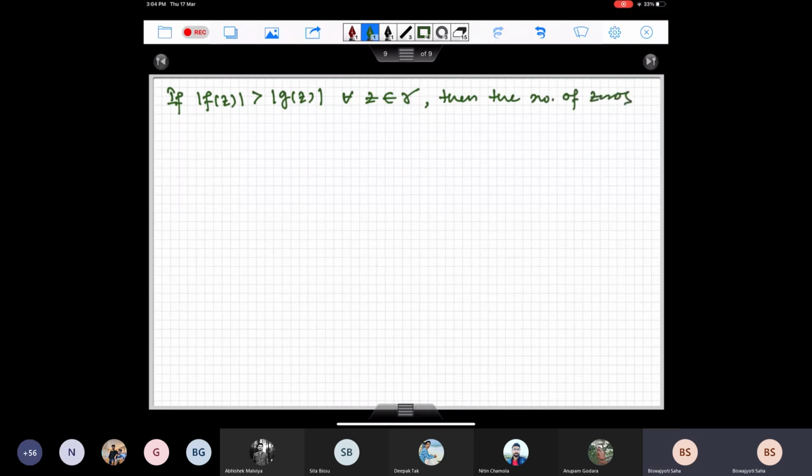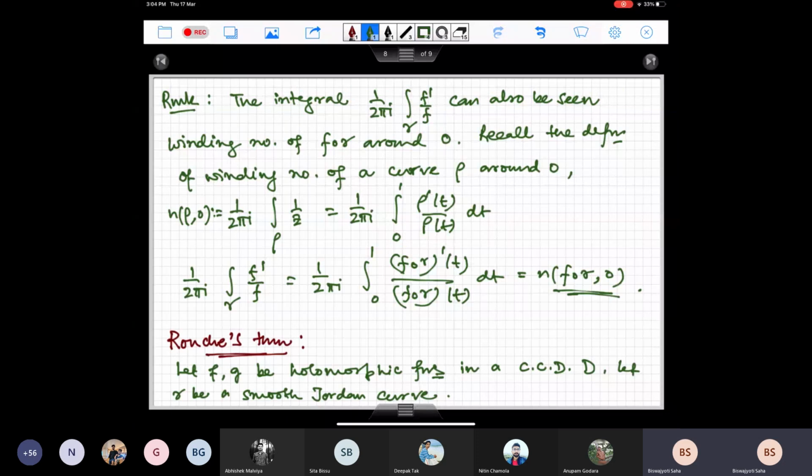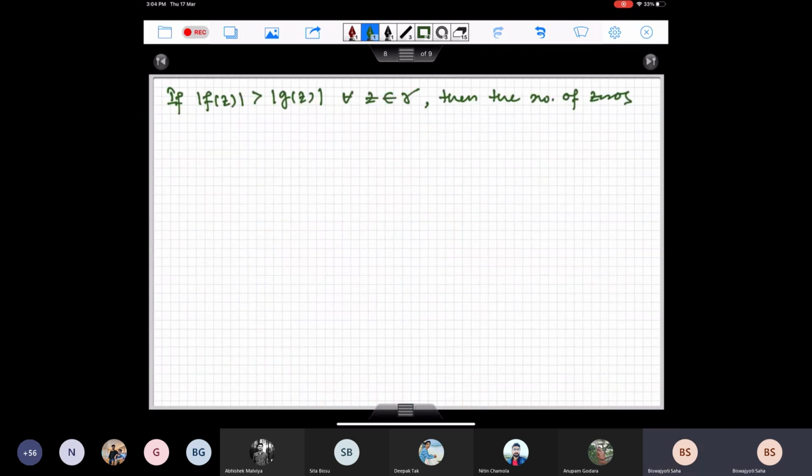zeros. So remember here f and g are all holomorphic functions, so there is no singularity at this moment. I am only talking about holomorphic functions.